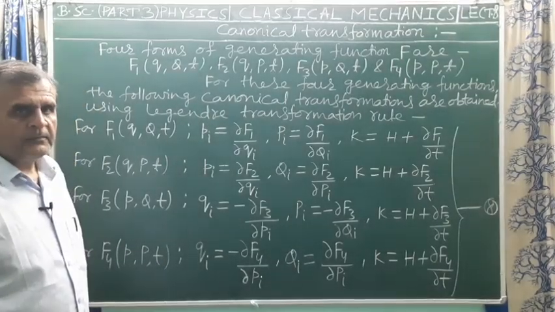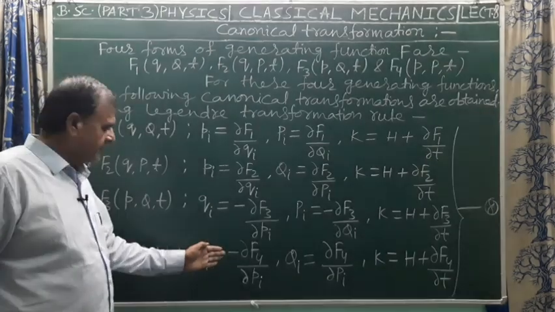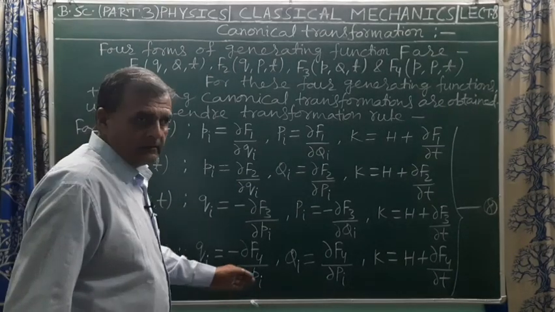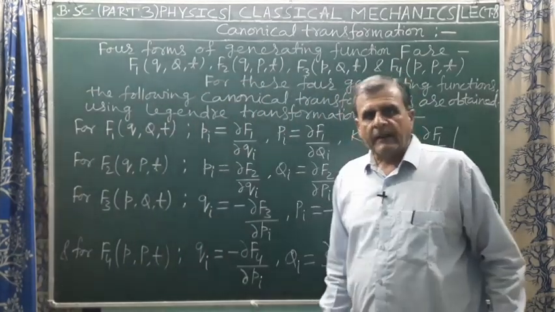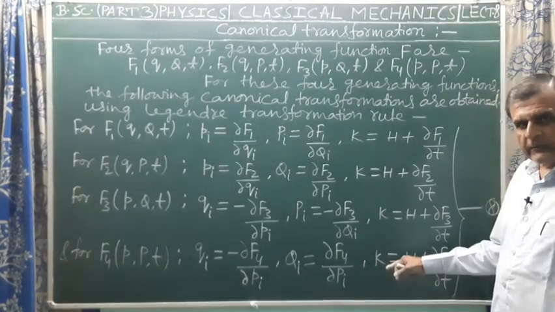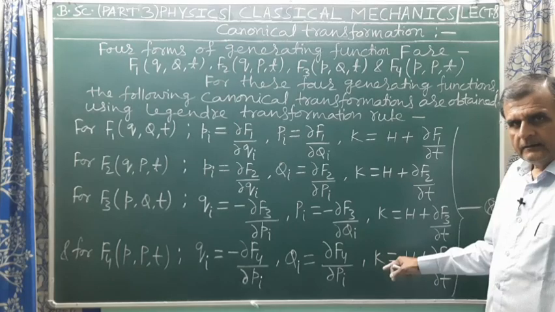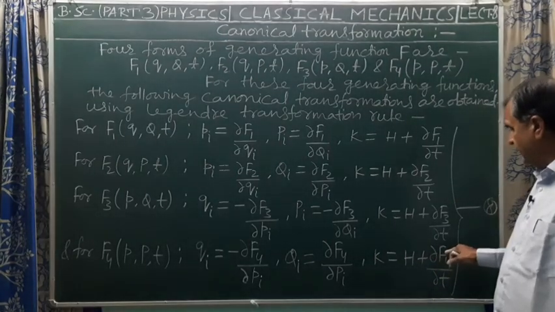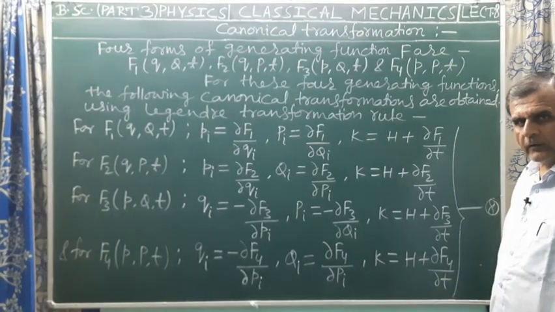The set of canonical transformation equations are small qi equals minus del capital F4 upon del small pi, capital Qi equals del capital F4 upon del capital Pi, and the Hamiltonian in the new coordinate system is given by capital K equals capital H plus del capital F4 upon del t, where capital H is the Hamiltonian function in the old coordinate system.